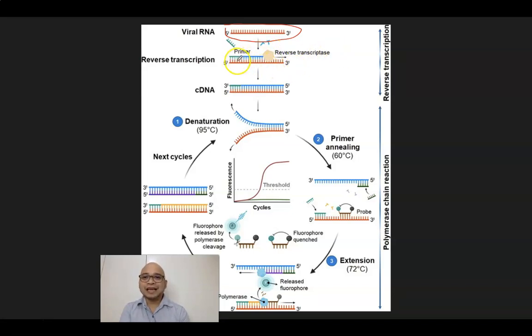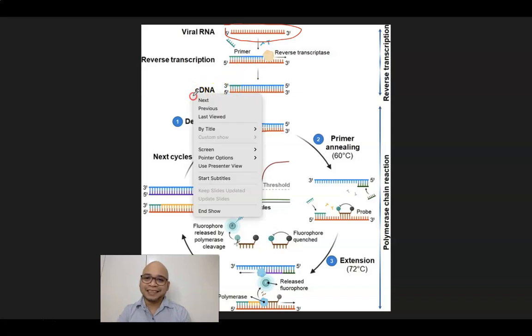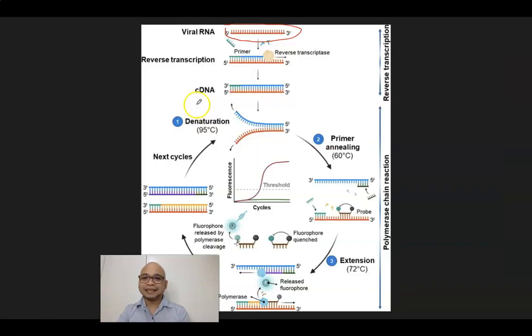So as you can see, once you have added primer, you now produce the complementary DNA, the cDNA. And then after that, from this step onwards, it is as if you are now doing the PCR. So that's why it's RT-PCR.